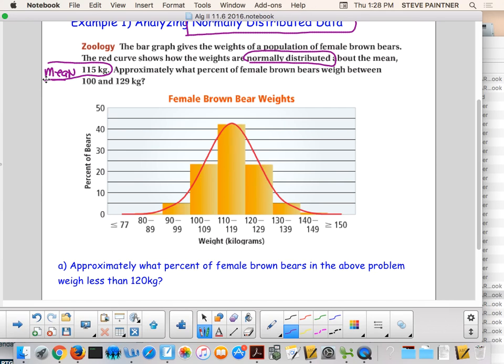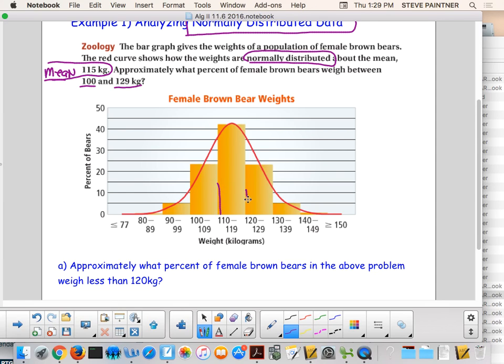Approximately what percent of the female brown bears weigh between 100 and 129? First of all, looking at the bar chart, where's 100 pounds and where's 129? The end of the bar. Okay, this bar right here, on the left side is what weight?